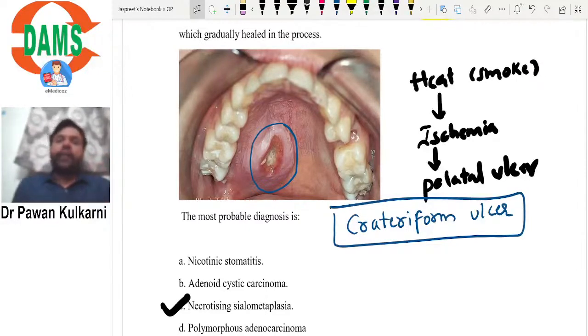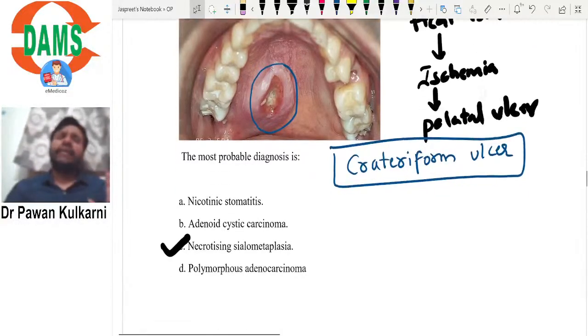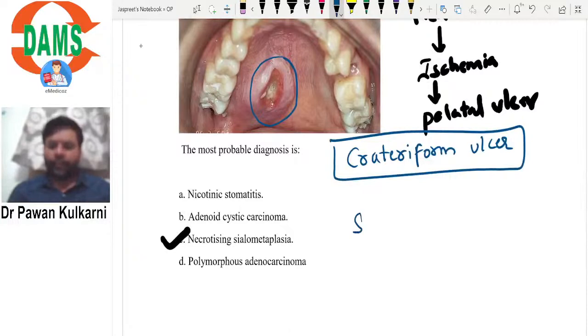Okay, the cause or the etiology here is not the carcinogens present in the smoke. Here it is the heat that is produced because of smoking that is going to cause ischemia, which is going to cause necrosis. Thereby, you will see a palatal ulcer. Okay, remember that this is self-healing.